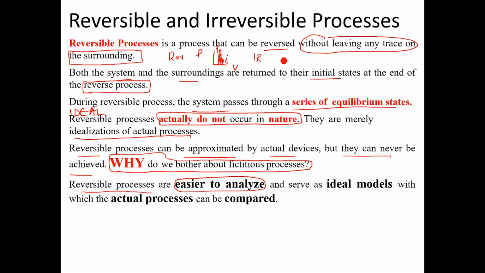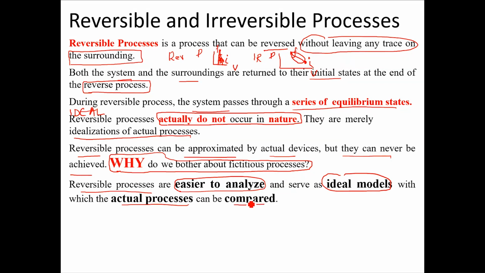For an irreversible process, you have an initial state, you have a final state. You don't know the path, whether this was the path, this was the path, this was the path. How would you find out the work done? It's all very hectic. So the reversible process makes the system easier to analyze, and they serve as ideal models to which the actual process can be compared.